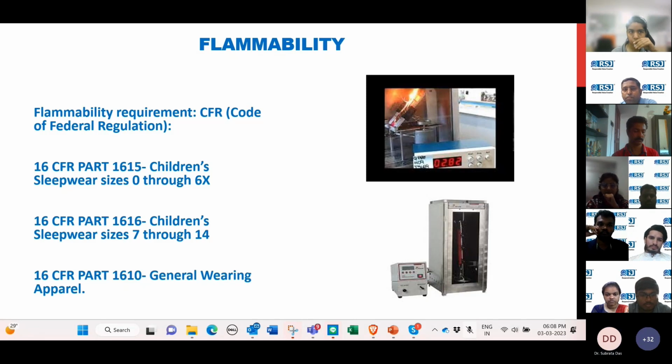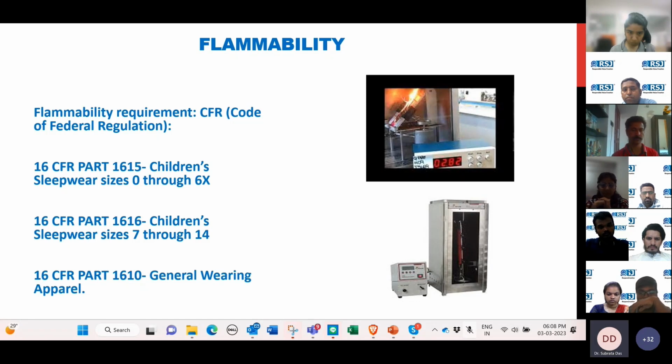Number one, it should pass 16 CFR Part 1610, general wearing apparel flammability, that is the 45-degree flammability test, and it should also pass 16 CFR Part 1615 and 1616, depending upon the age group, 0 to 6 or 7 to 14.